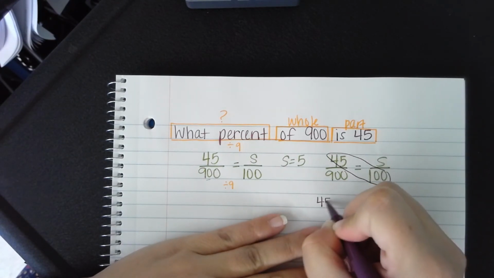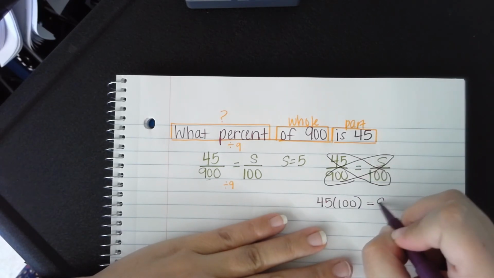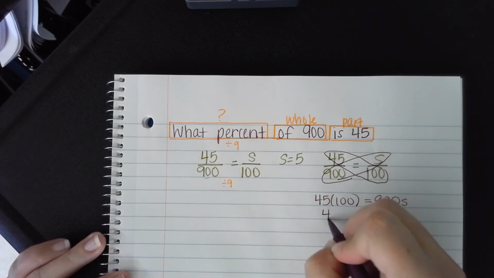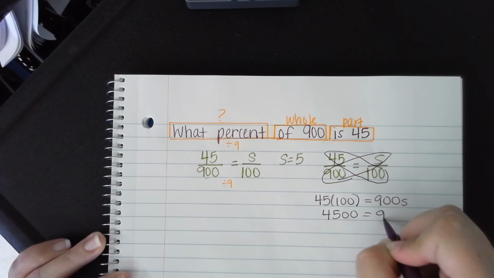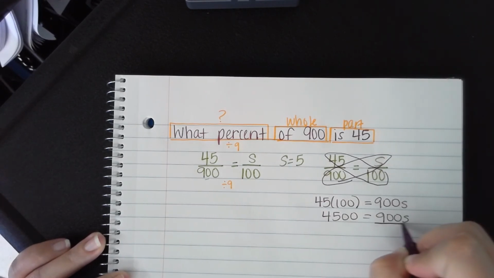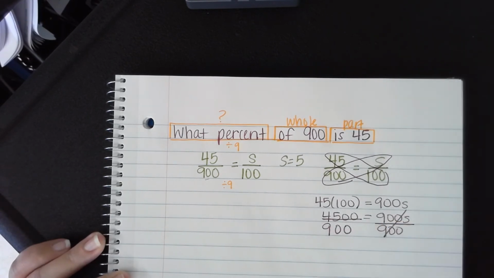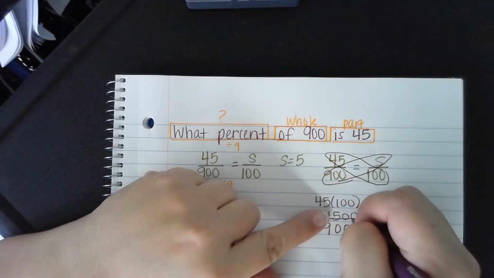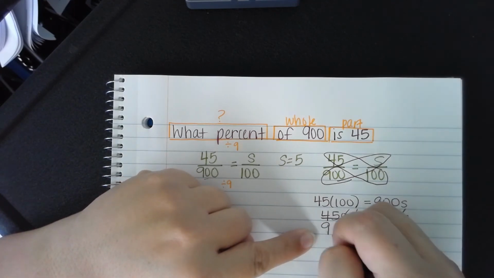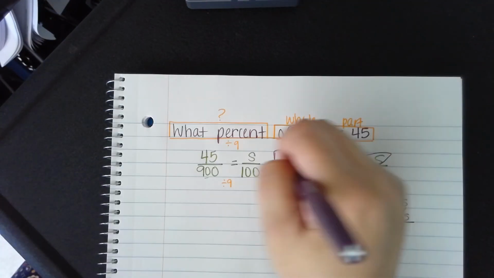So we have 45 times 100 equals the other cross multiply, 900 times S. So 45 times 100 is 4,500. We're going to get S by itself by dividing by 900. Do it to the other side. I'm going to cancel some zeros out. Okay. What is 45 divided by 9? It would be 5, and there is your answer.